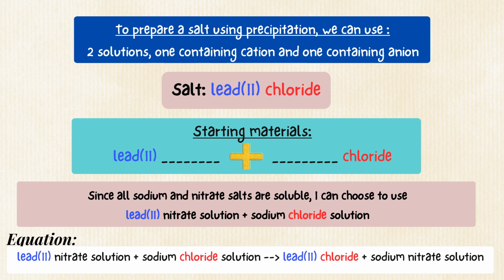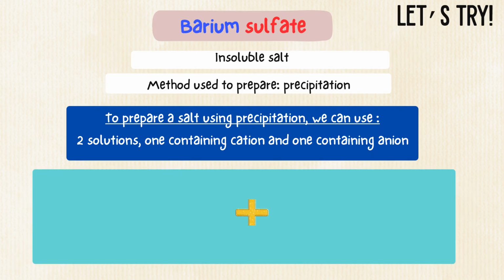When I react lead-2 nitrate with sodium chloride, my ions actually exchange partners. So you notice how lead-2 chloride comes together to form a precipitate, my solid. My sodium ions and nitrate ions naturally group together to form a solution, sodium nitrate solution. So if I want the lead-2 chloride salt that's insoluble, I will just filter to obtain this solid because that's the only solid in my reaction.